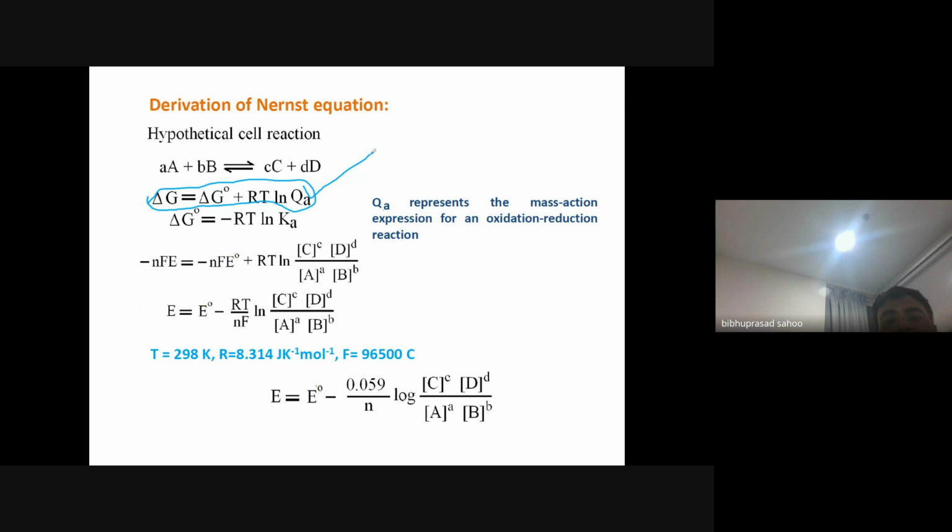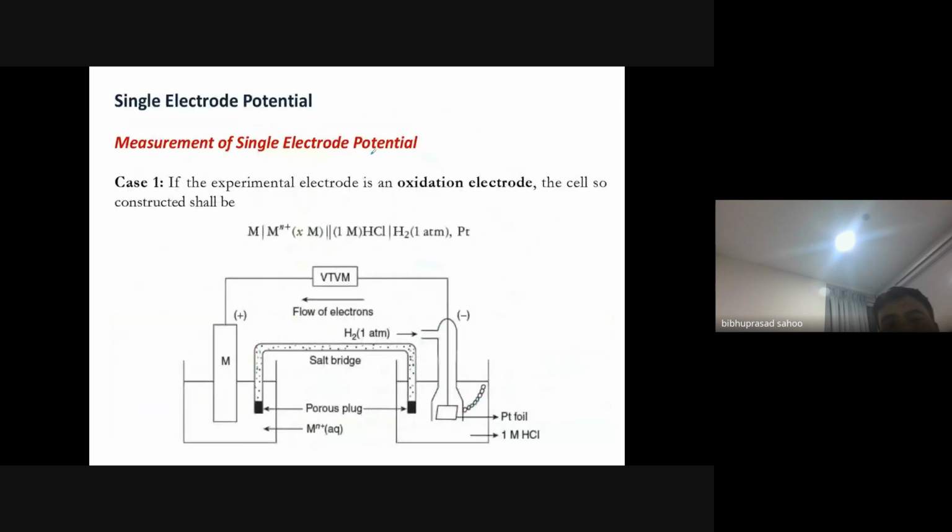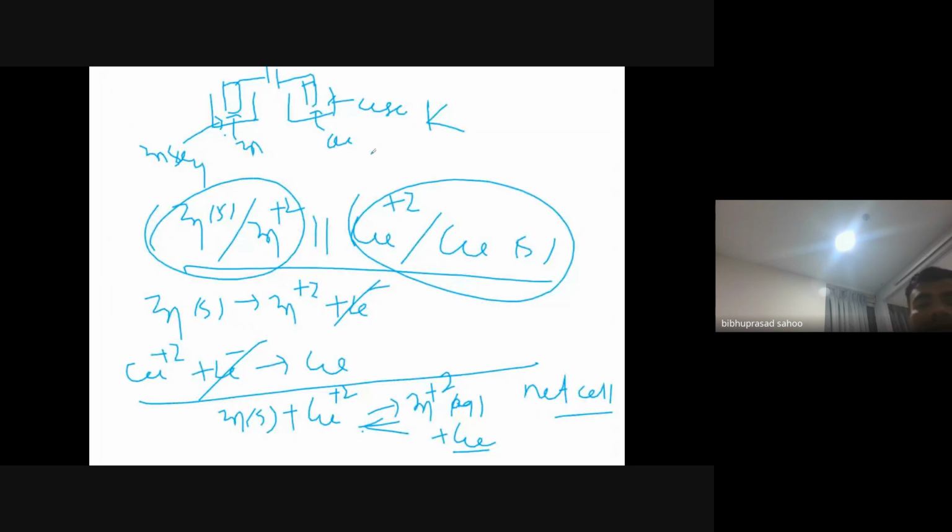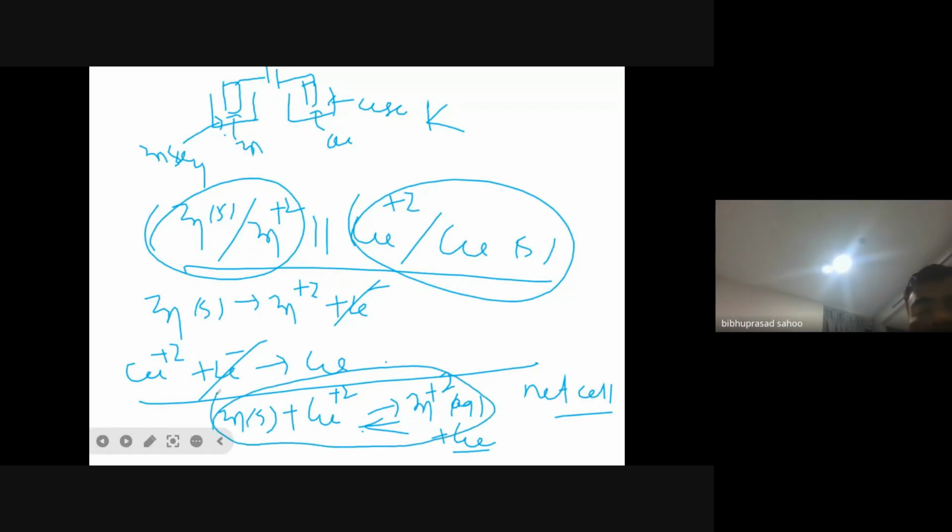Student, why have I written this reaction here? Here Q will be the Zn2+ concentration, which is a product, divided by the Cu2+ concentration, which is a reactant.